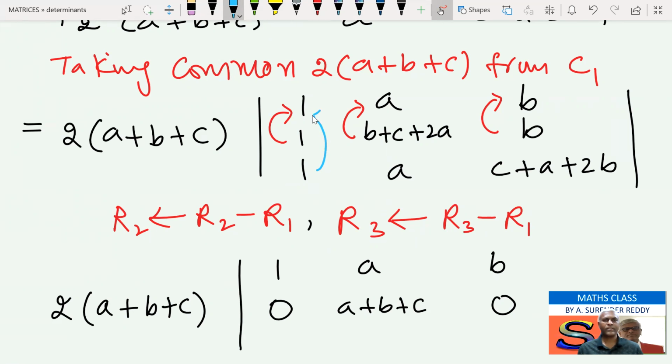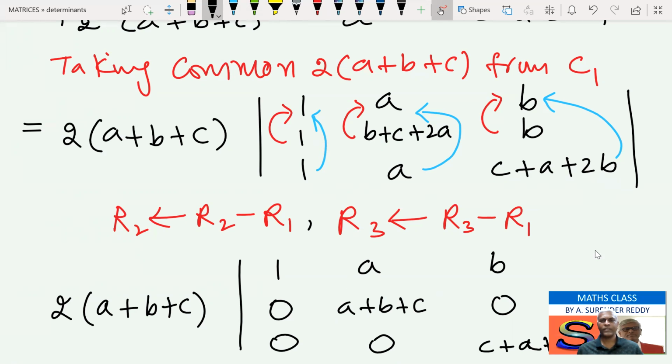So what do you get? 1 minus 1, 0. A minus A, 0. C plus A plus 2B minus B. 2B minus B becomes B. That is C plus A plus B, that is A plus B plus C.